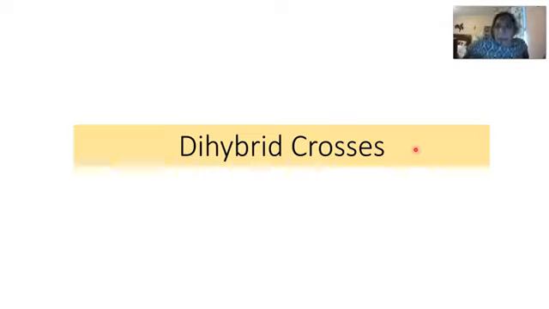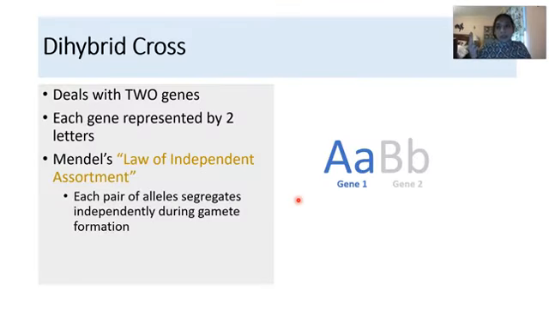So it's pretty simple when it's just a simple monohybrid cross. But as soon as we get a little bit more complicated, where you're looking at multiple phenotypes and multiple gene loci at the same time, it gets a little bit more complicated. So we're going to look at a dihybrid cross, which essentially is two genes now. So two separate genes. Each gene is going to have its own letters to represent it.